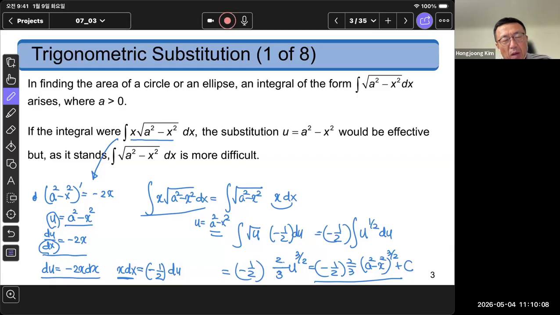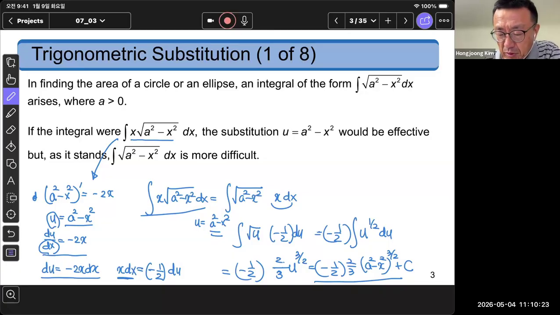So the problem in this section considers such a situation. We want to consider the integration of the square root of a squared minus x squared without x in front. Okay?